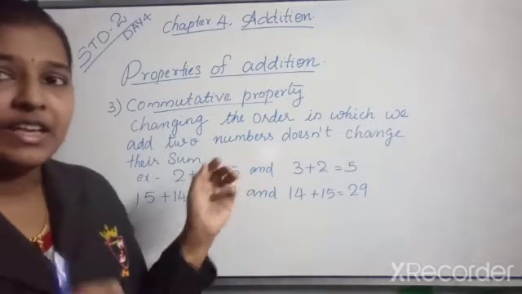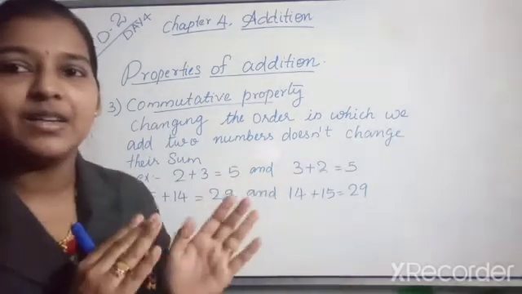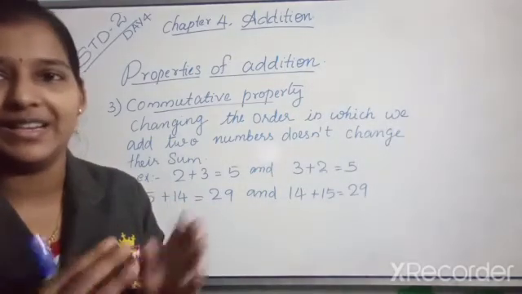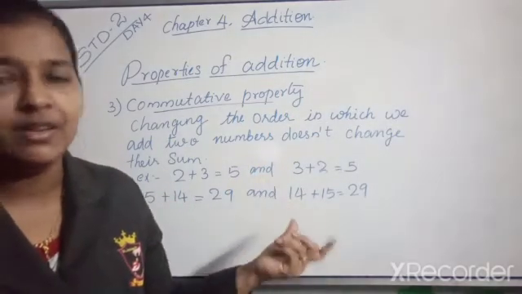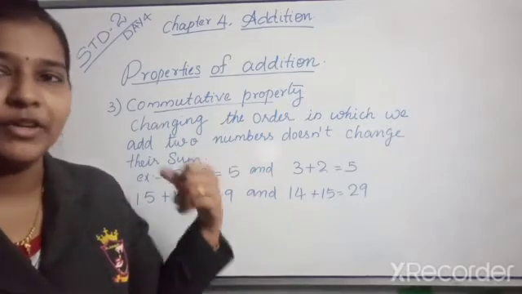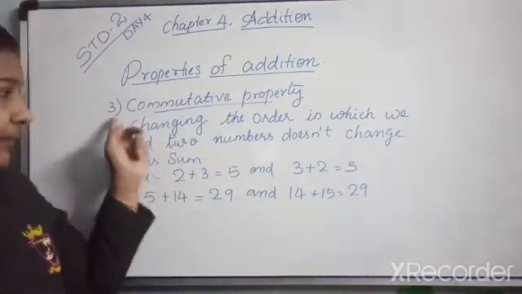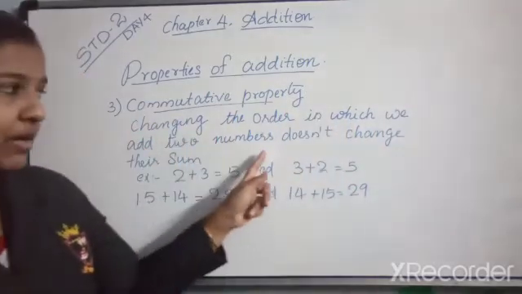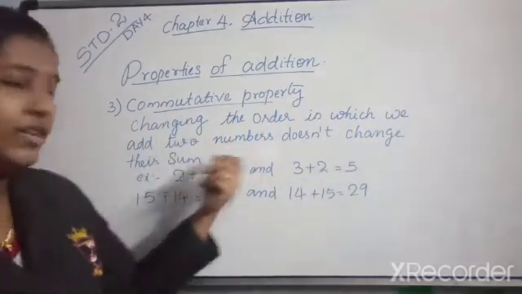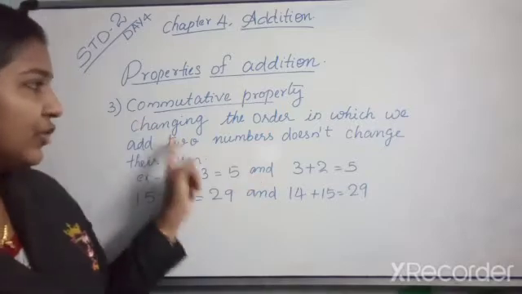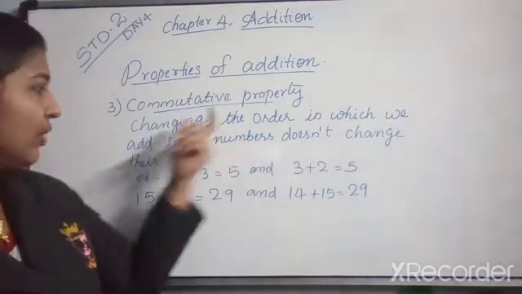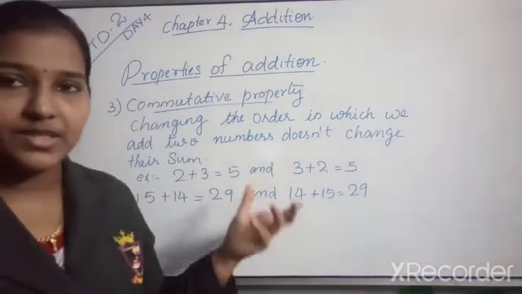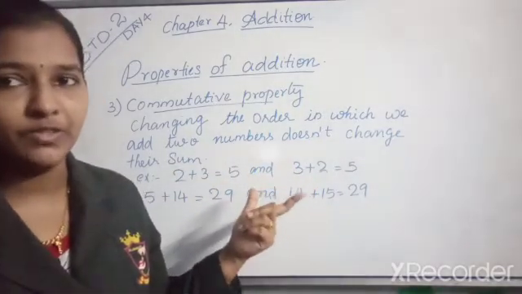If we are changing the order or position of the addends, it will not affect the sum. This is what the commutative property says. Once again, changing the order in which we add two numbers doesn't change their sum. This is the commutative property of addition.